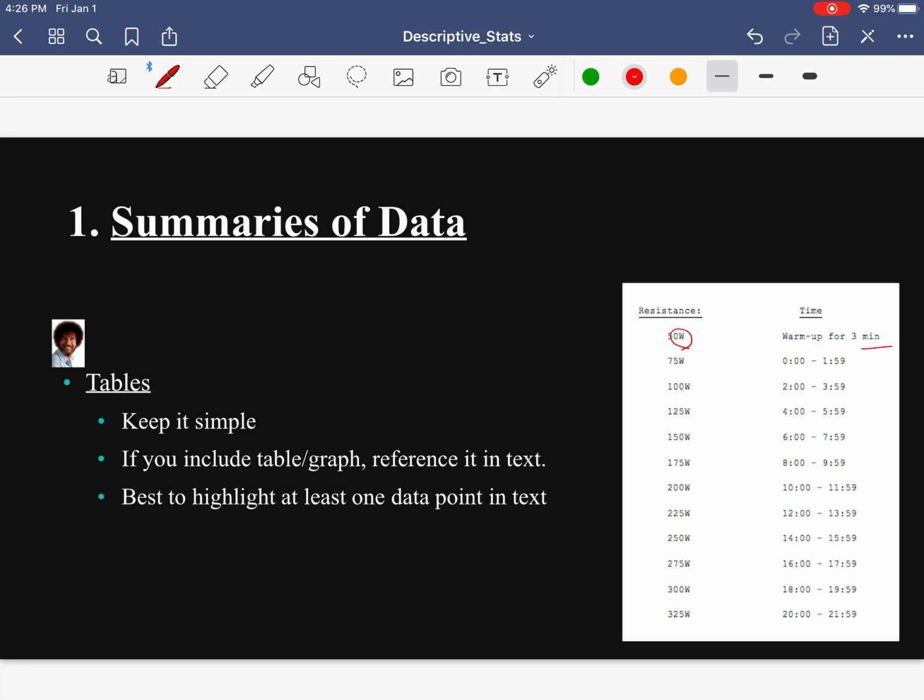And oftentimes, you'll even want to highlight at least one data point in your write-up. So I may say, the protocol used in the bike peak VO2 test is described in table 1. The watts went up to a maximum of 325 watts. Something simple.